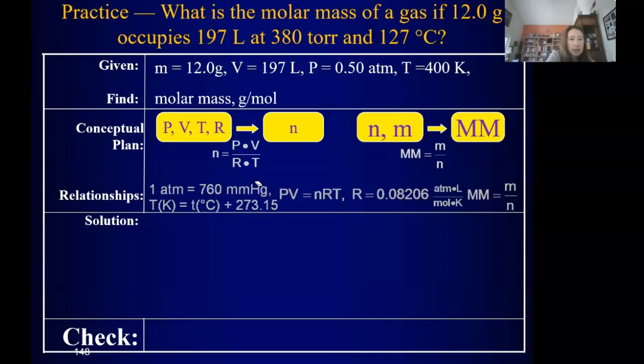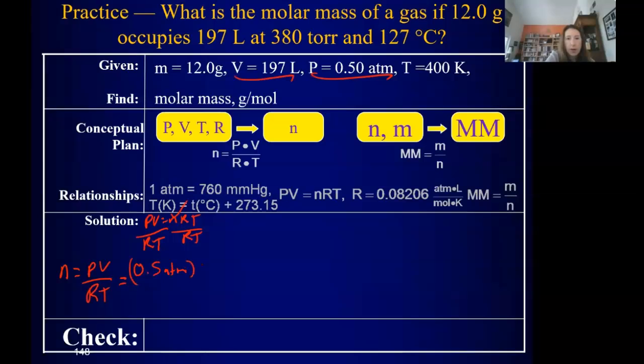And then let's find our moles. If we have PV equals nRT, we're going to solve for moles, divide by RT, divide by RT. n equals PV over RT. Our pressure, 0.5 atmospheres.